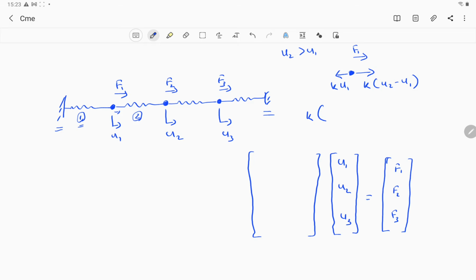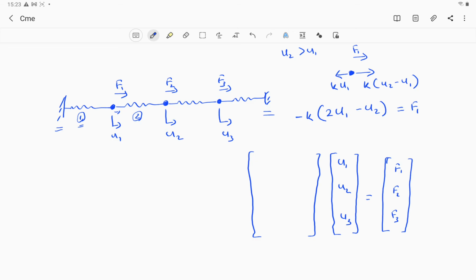Taking minus K out, we get minus K times U1 minus U2... which is equal to F1. So that's the equation when I apply the equilibrium equation at node 1.